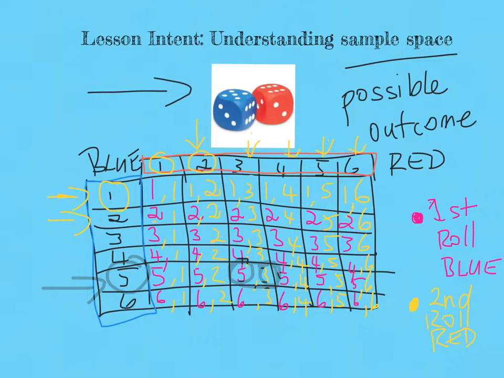Alternatively, let's say we rolled a 3 and then we rolled a 1. All that's saying is that the 3 is the blue die and the 1 is the red die. So that's basically all of our possible outcomes. We also refer to this as theoretical probability. So this is not what actually happened, this is what theoretically could happen.